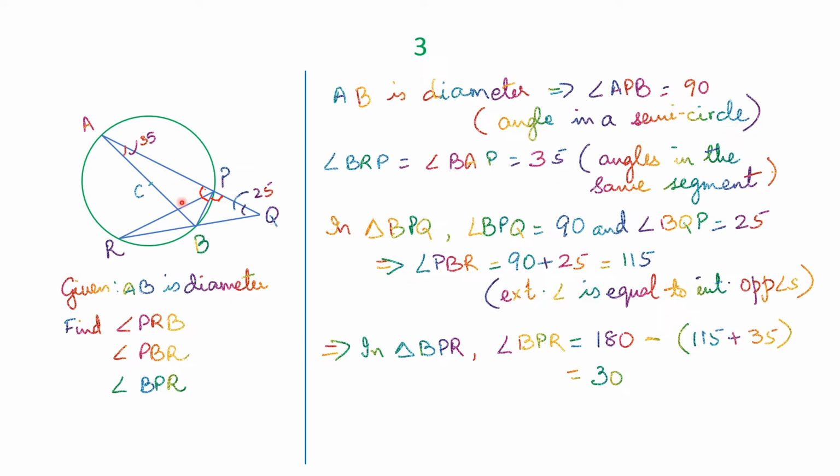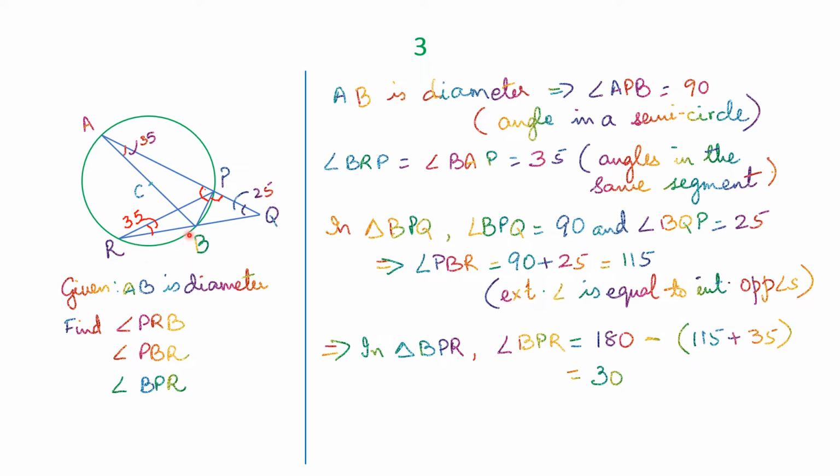Now you look at this angle BAP, which has the endpoints B and P. So with the same endpoints, you look for another angle, that is angle PRB, this angle, which will be also equal to 35 degrees. So angles in the same segment.